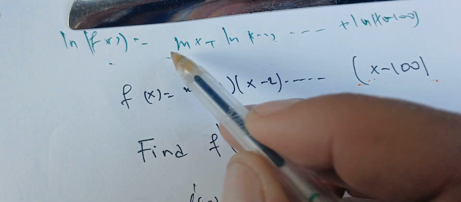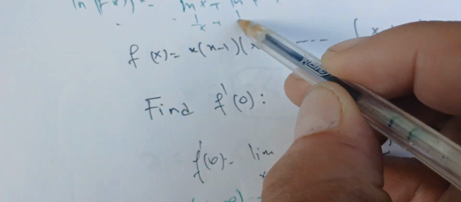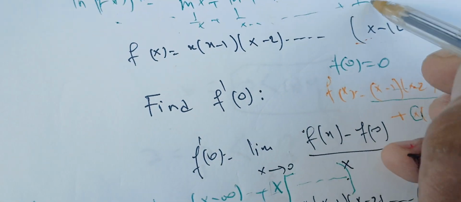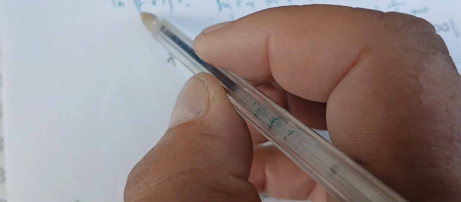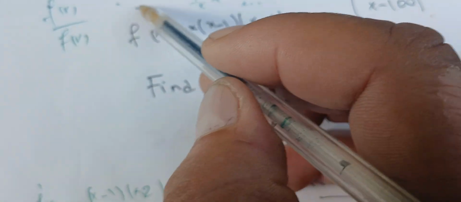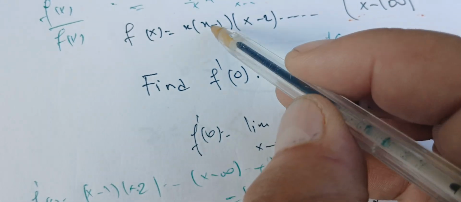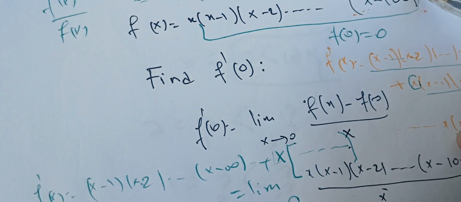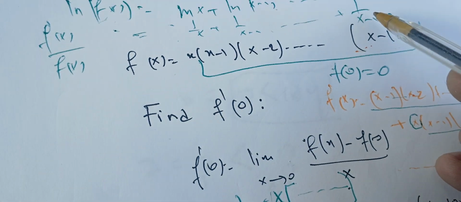When we differentiate, we get 1 over x plus 1 over (x minus 1) plus ... plus 1 over (x minus 100), and this is f prime of x over f of x. Once we multiply, we get this first part. The others will be 0.